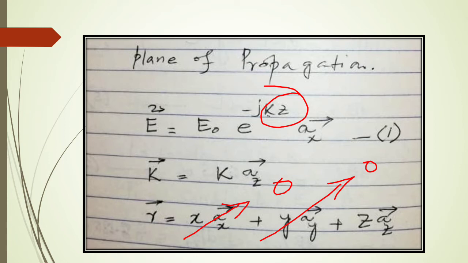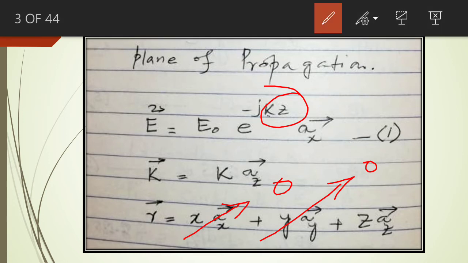So we consider the electric field intensity of the light wave in a lossless medium, and the electric field intensity of the light wave in a lossless medium is given by equation number 1.